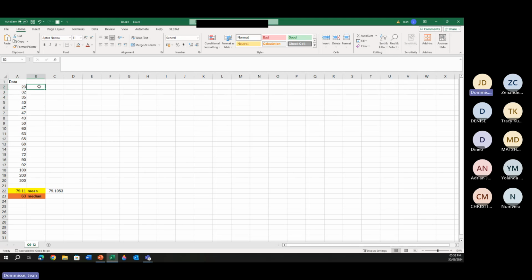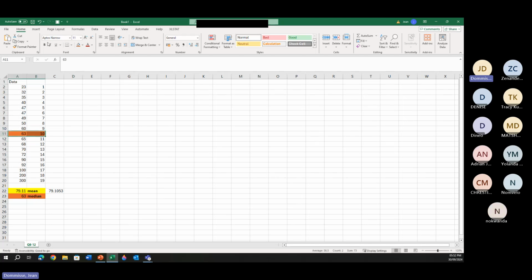And then if we go down, we would have needed to get to the middle of the data. 10 is in the middle of the data, so we could also see it will be 60, 63. So there was also that method that you could have done to look at the median.